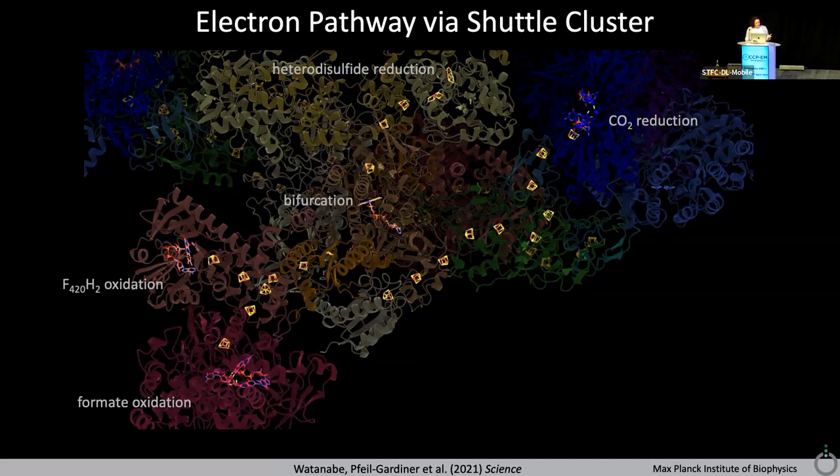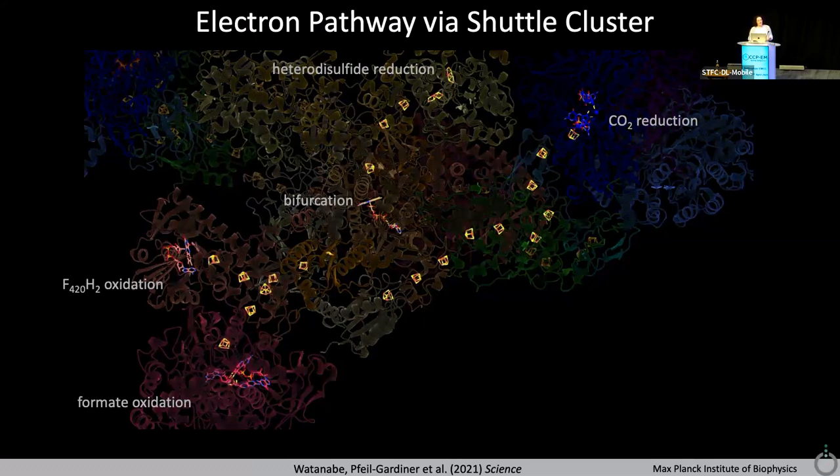And the second take-home message was related to electron transfer through the complex. So previously, it wasn't clear how electrons are actually moving through the complex. But by looking at two different conformational states, we got a new insight into that. So it seems that electrons are coming from the electron donor arm, or what we're now calling the mobile arm, from either this formate dehydrogenase site or from the F420H2.